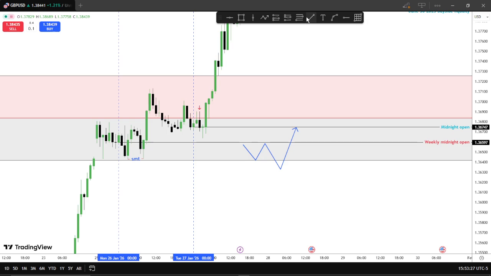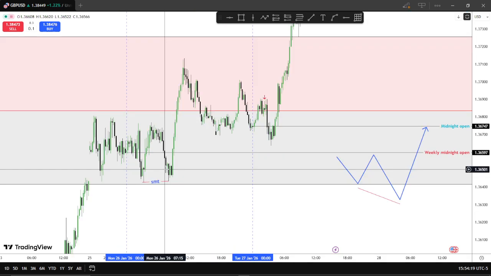Sorry, this long. I took the long on New York session, but I really didn't trust it. I didn't really hold it that much. You can see my exit was here, but my buy was here.